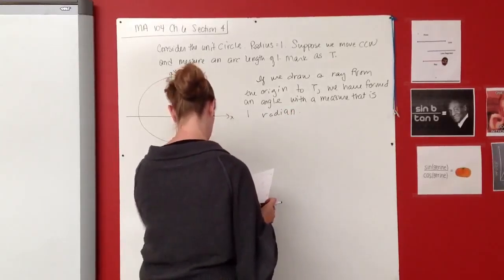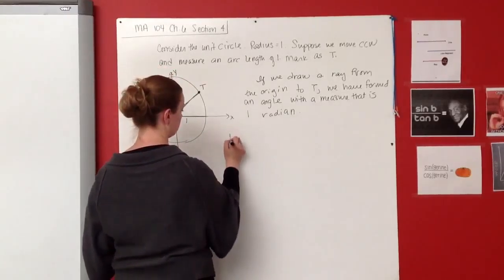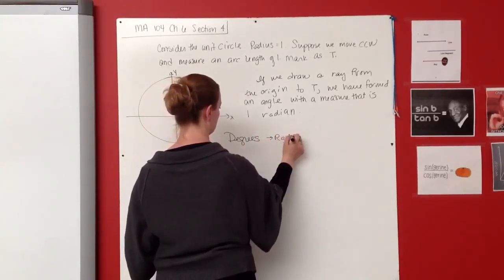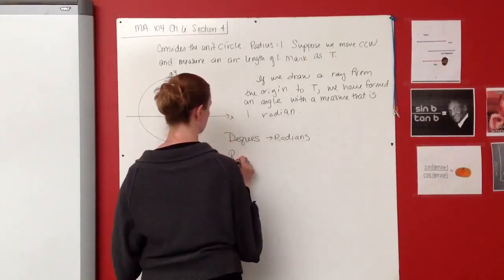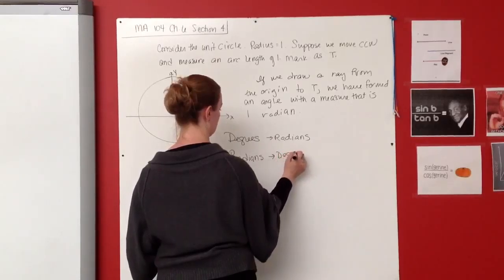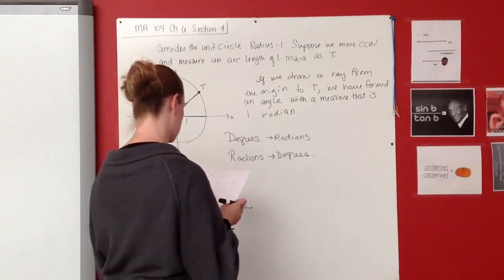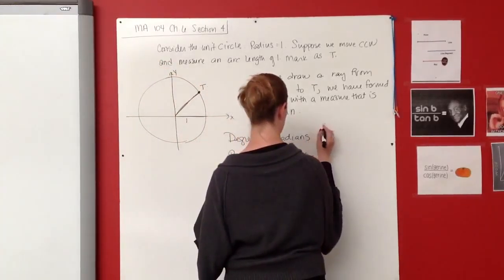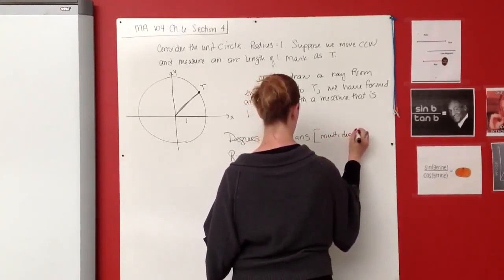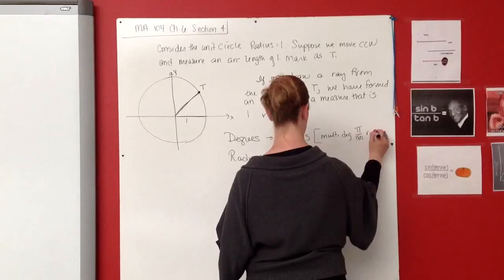Again, I said it just a second ago, radians are unitless. It's important to be able to go back and forth from degrees to radians and back. To go from degrees to radians, you multiply your degrees by pi over 180 radians.